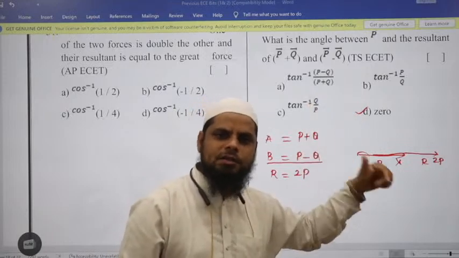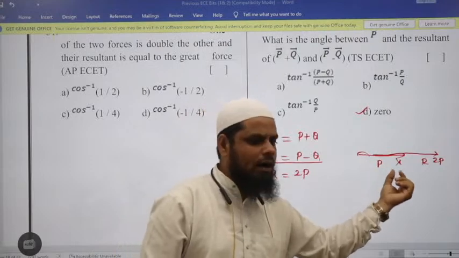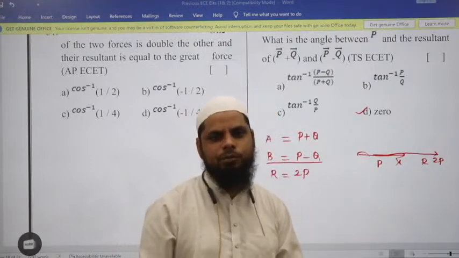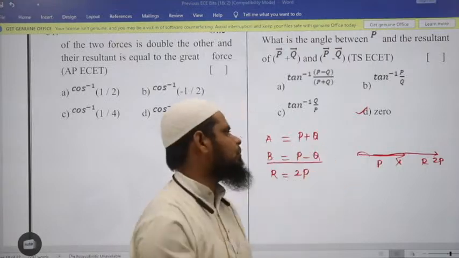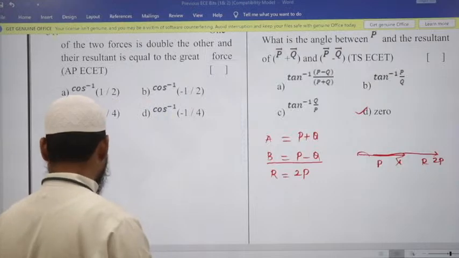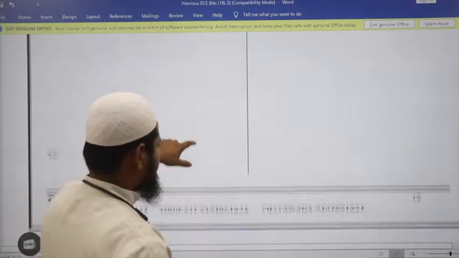It means R is also on the x-axis itself. So the angle between R and P will be 0 because both are on the same axis, same line. They are horizontal. Fine. Move on to the next one.